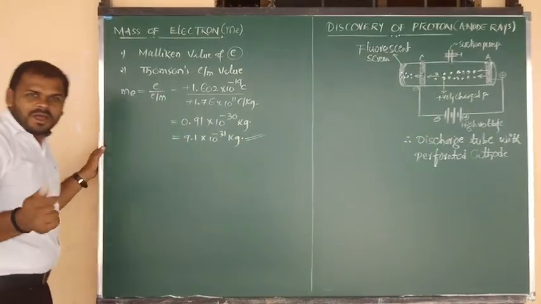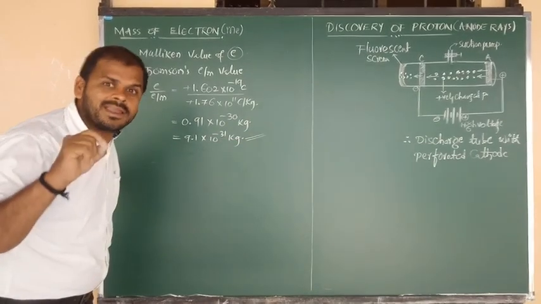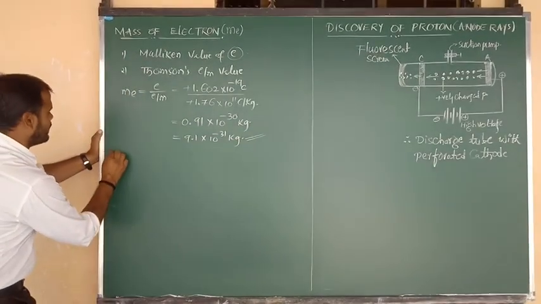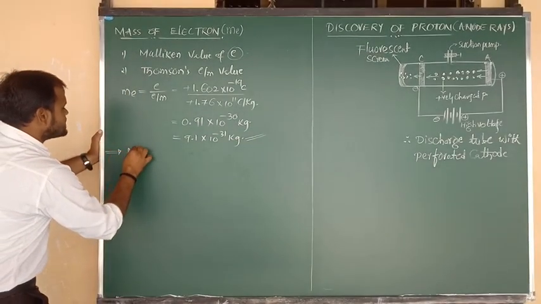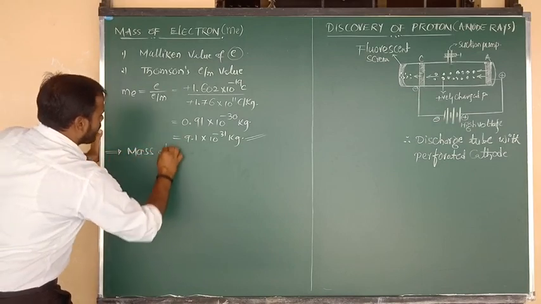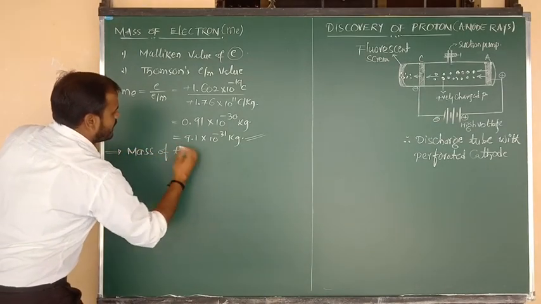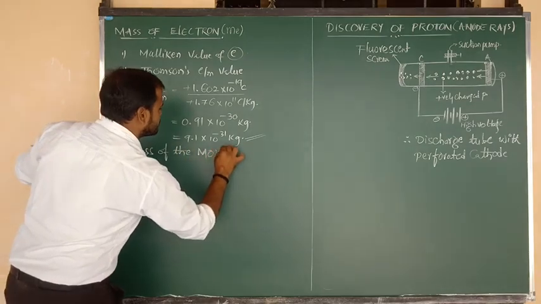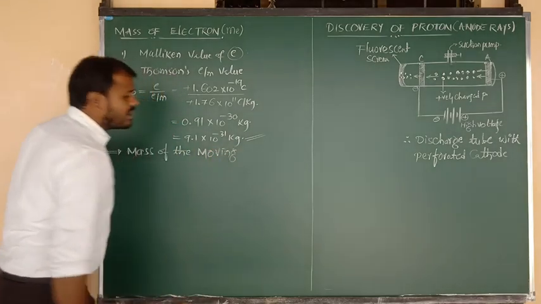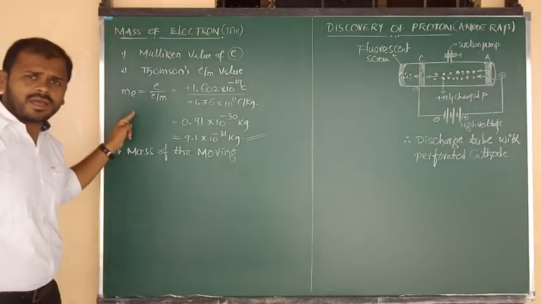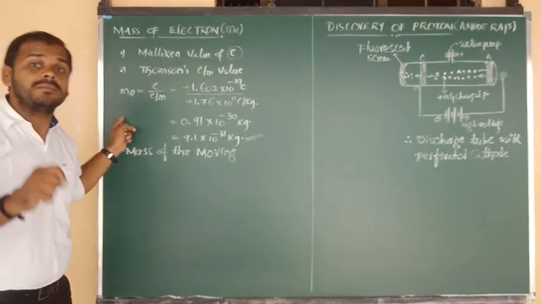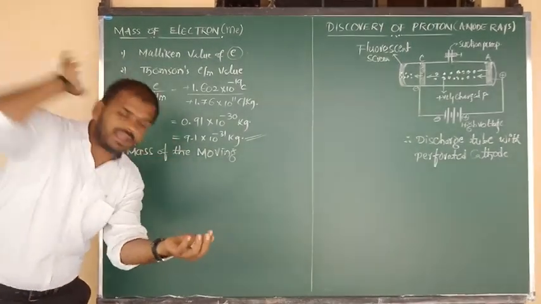Good beta. Now I am going to show you another concept, that is the mass of the moving electron. Sir, already we have calculated the mass of the electron now. Yes, this is the mass of the electron, but this is the rest mass of the electron.